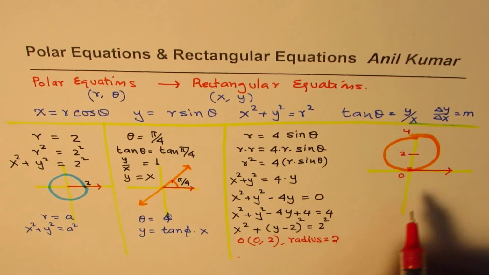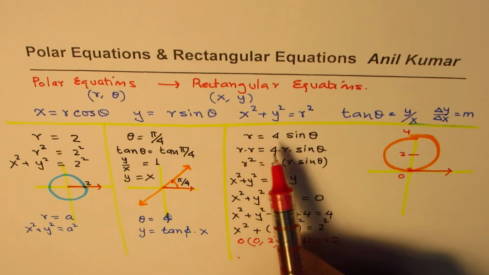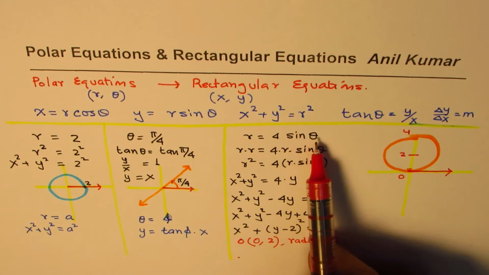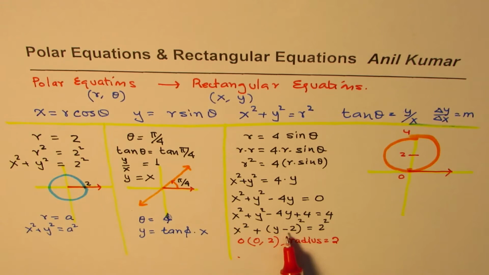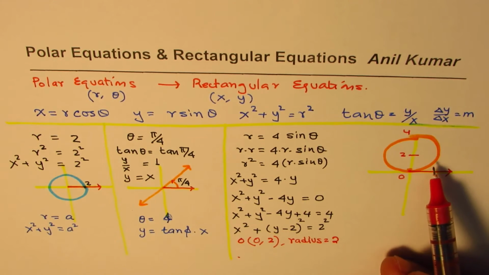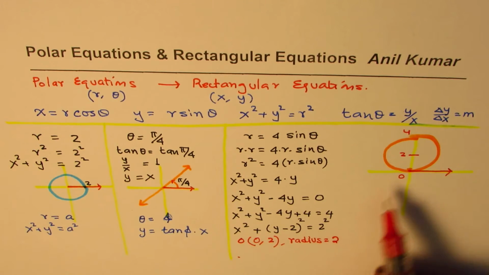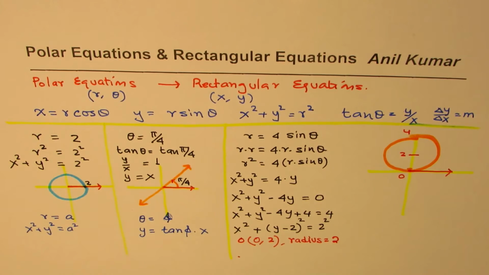So we could represent the equation r equals 4 sine theta in rectangular form, and that clearly gives us the equation of a circle. So we could sketch it. Do you see that? That's the link which we could make with translating polar equations to rectangular equations, right? I hope that helps.